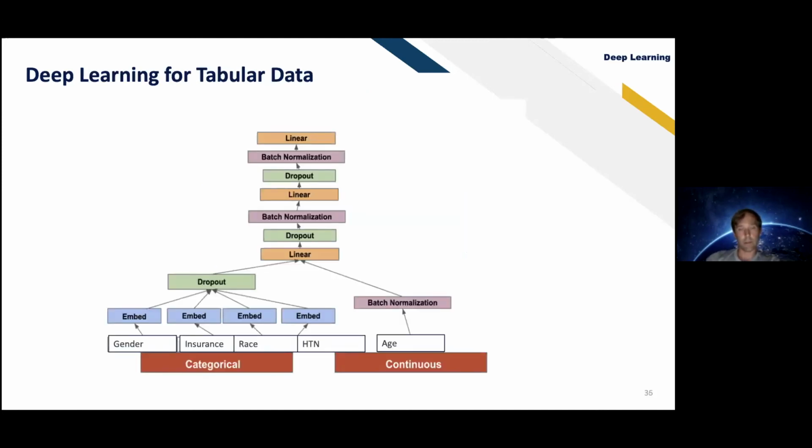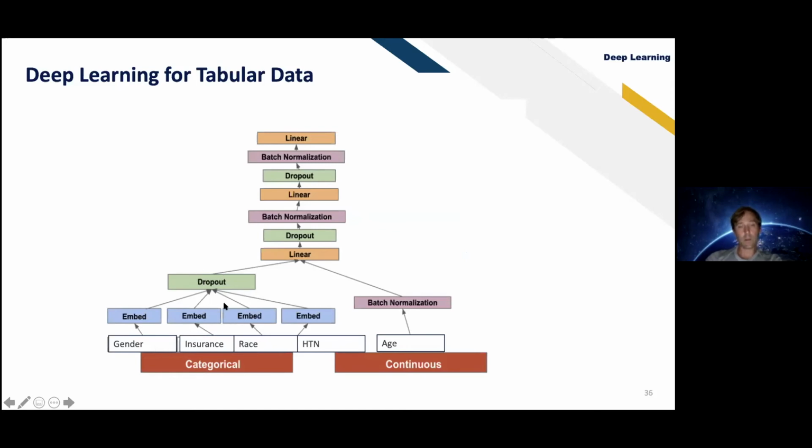This would be a typical architecture you would see with this. You have your categorical variables over here, like gender and insurance and race, and whether the patient has hypertension. You learn a particular embedding for those variables. We won't really talk about dropout today, but it's basically a regularization technique.